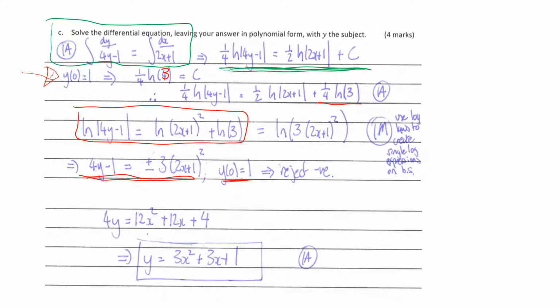All right, from there, add 1, divide by 4, and you're left with y in polynomial form. Some of you left it in turning point form or other forms. All I really wanted to see was, can you remove the logs and simplify the expression for me? So that's what I wanted as a final answer.